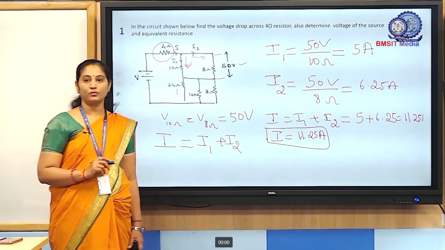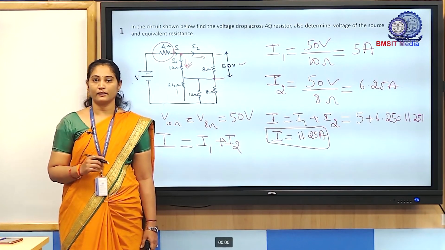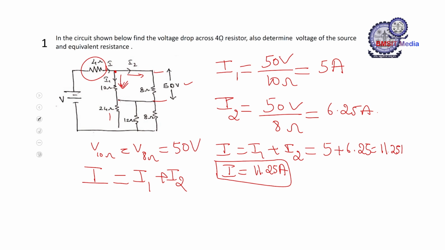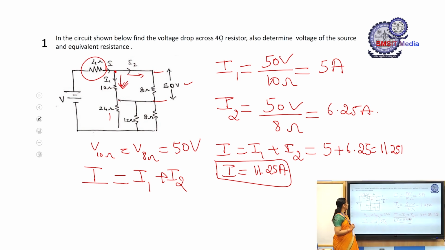So we found the current generated by the V source. After that we'll find the voltage across the 4 ohms.